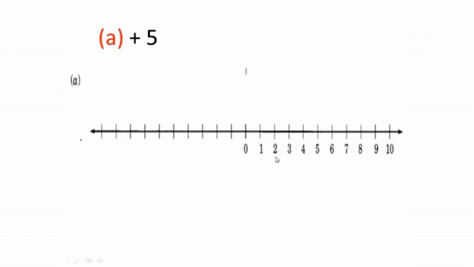Here it is 1, 2, 3, 4, 5, 6, 7, 8, 9 and 10 I have taken. At the same time I need to show the left hand side. It starts from minus 1, minus 2, minus 3, minus 4, minus 5, minus 6, minus 7, minus 8, minus 9 and minus 10.